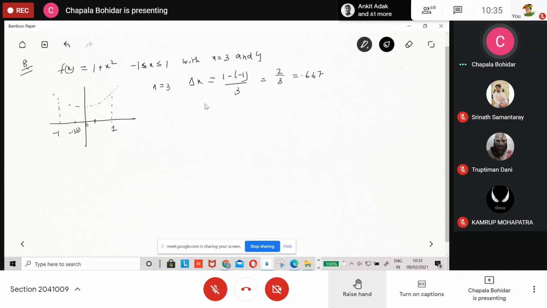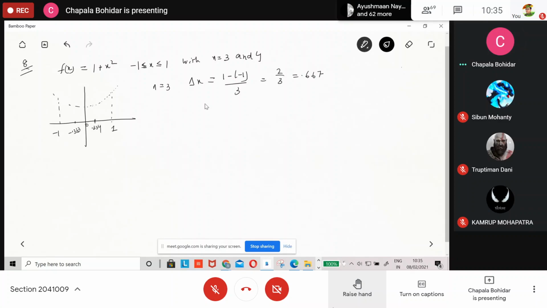Is how much here? It is 0.334, you can check.